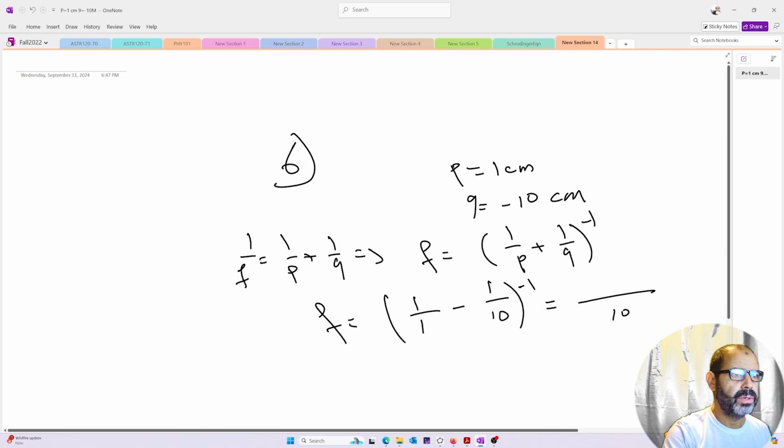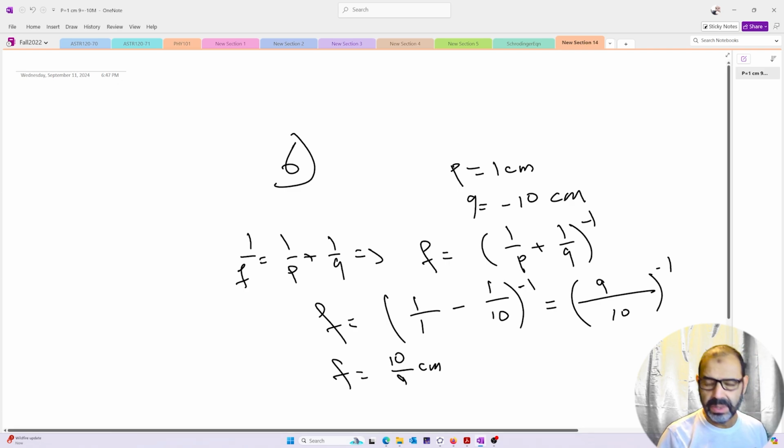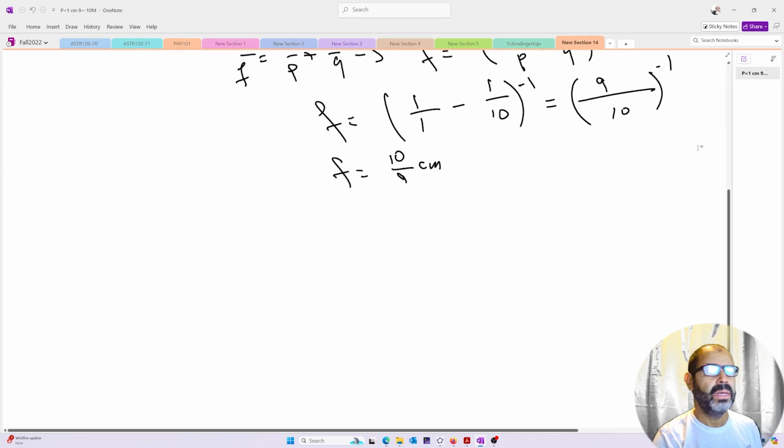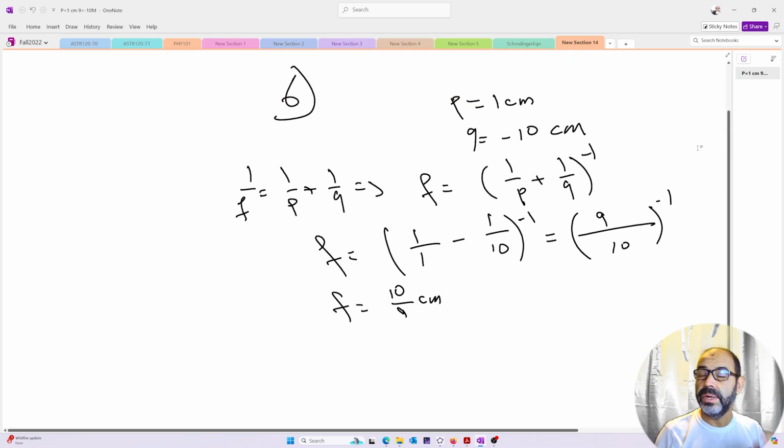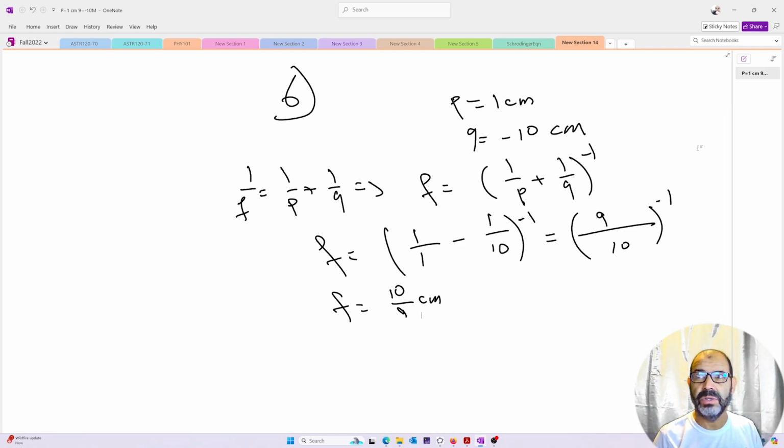The common denominator is 10 and the numerator is 10 minus 1, which is 9. When you invert it, you're going to find the focal length is 10 over 9 centimeters. You can do the math, please, and finish the algebra. That's important, actually. When you are in an exam environment, you shouldn't leave it as a fraction. But I'm just giving you how to get this going.